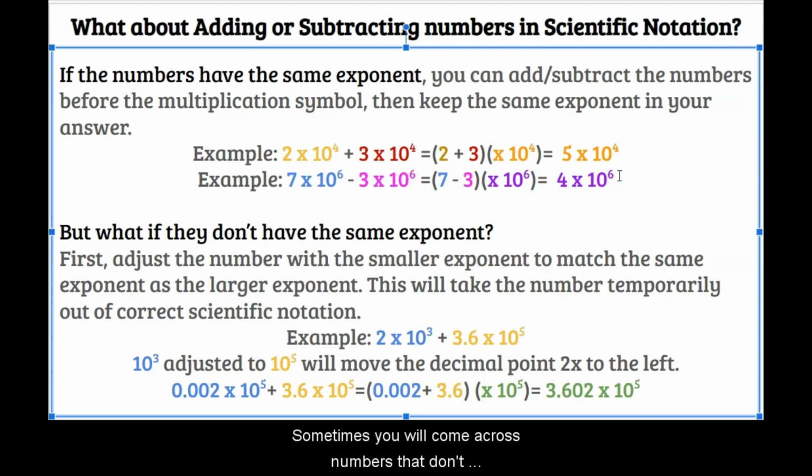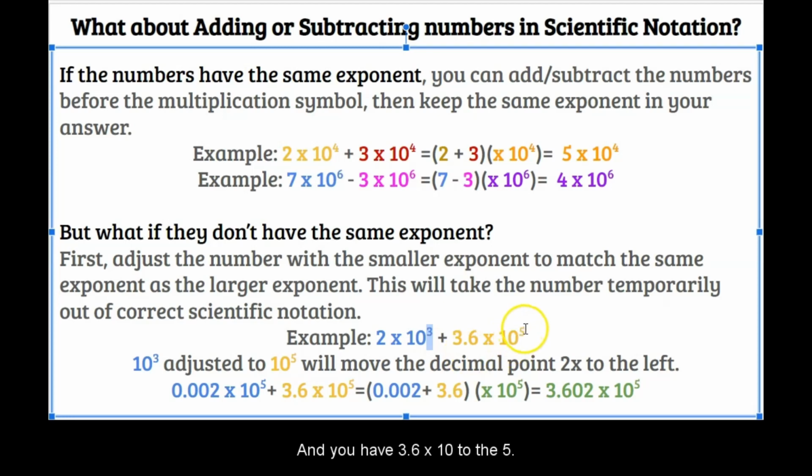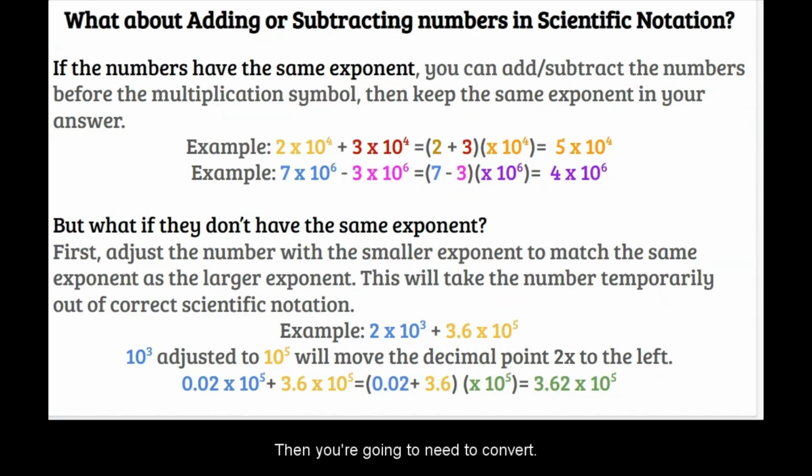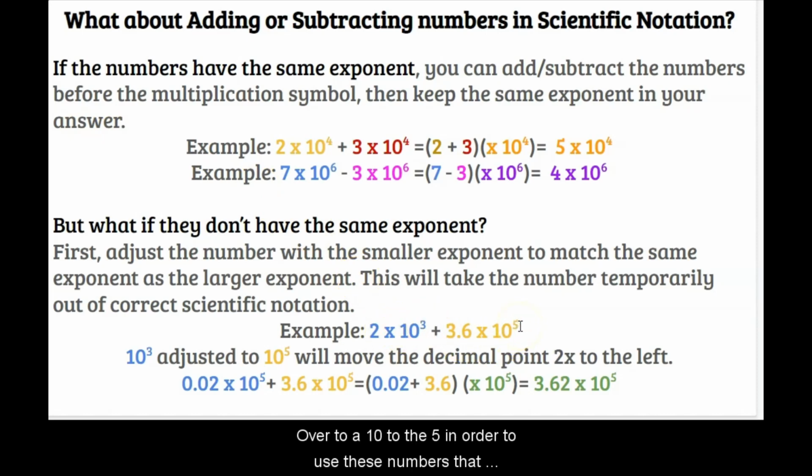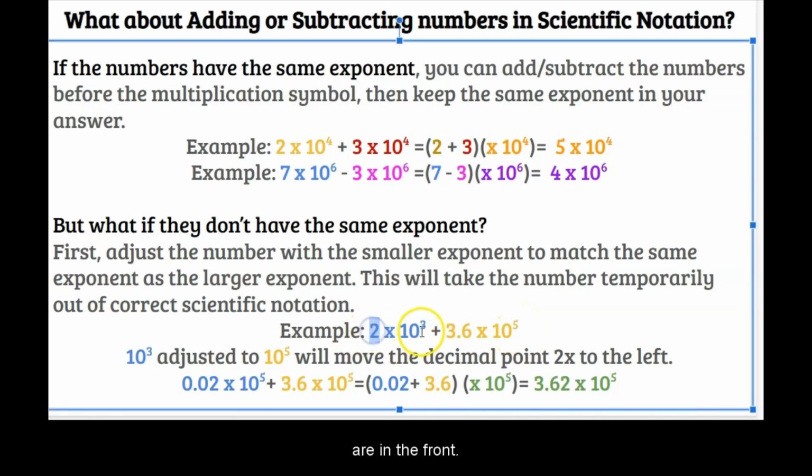But sometimes you will come across numbers that don't have the same exponent. And so what you're going to need to do is adjust the number with the smaller exponent so that it matches the same exponent that the larger one has. So for example, if you have 2 times 10 to the 3, and you have 3.6 times 10 to the 5, then you're going to need to convert this 10 to the 3 over to a 10 to the 5 in order to use these numbers that are in the front.